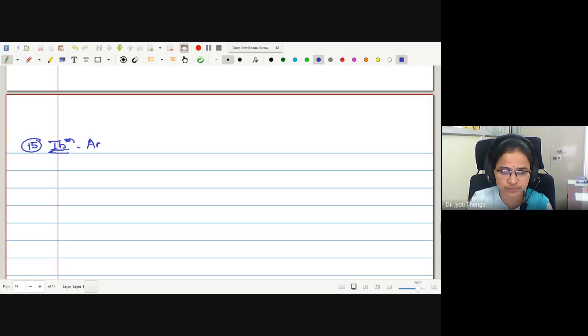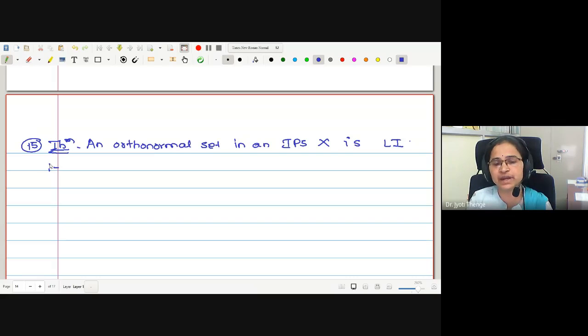An orthonormal set in an inner product space X is linearly independent.